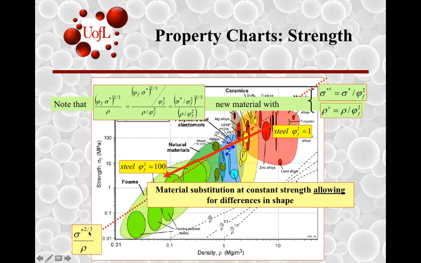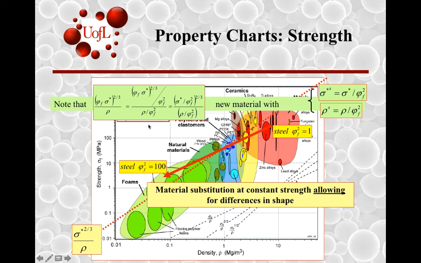So the new material index goes from sigma to the power 2 by 3 divided by rho, in which those 5 different shape factors that we came across could be substituted in over here, along with the index of 2 by 3, and that would be the modified shape index.